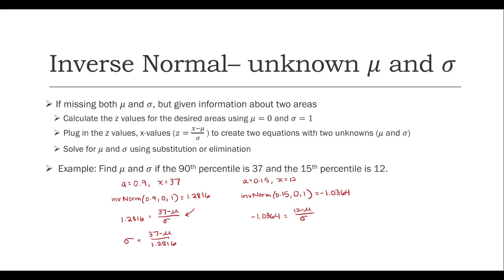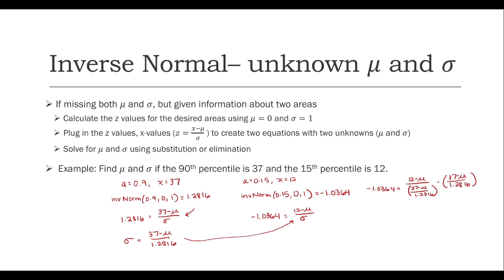And then we can plug that in for the standard deviation on the second one, because the standard deviations have to be equal to each other, as well as the means. So we get negative 1.0364 equals 12 minus mu over 37 minus mu over 1.2816. So we'll multiply both sides by 37 minus mu over 1.2816.